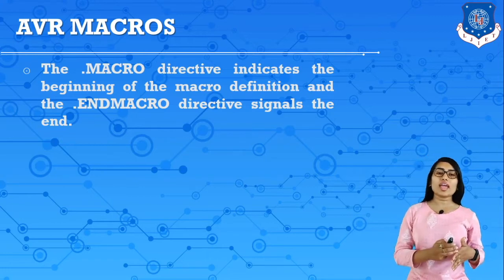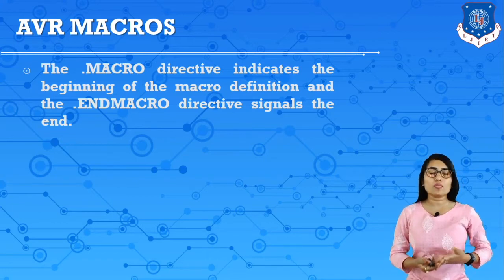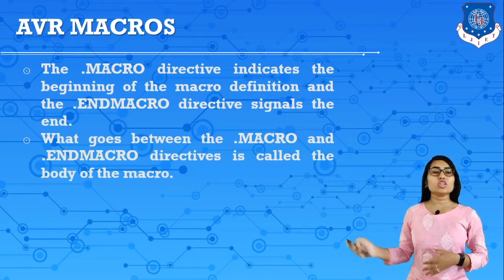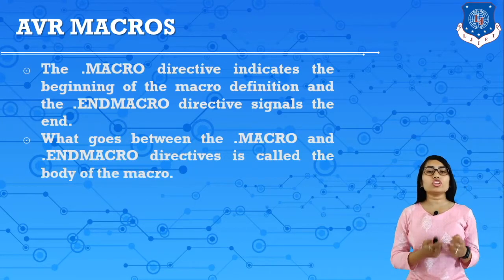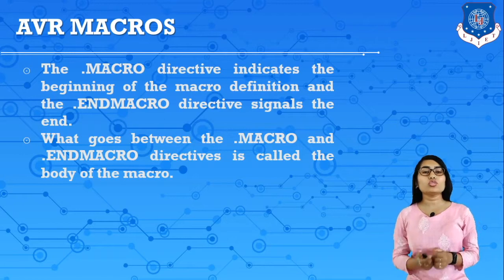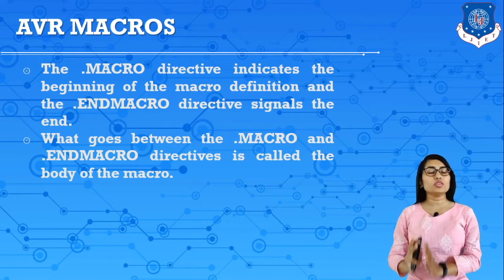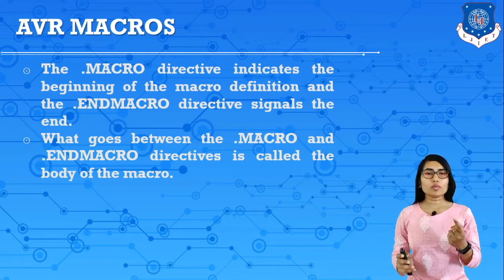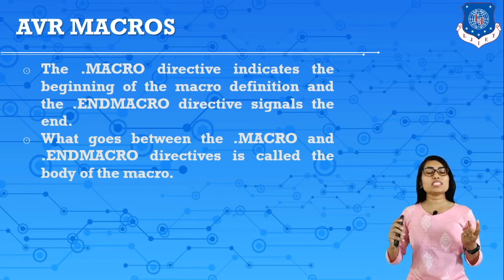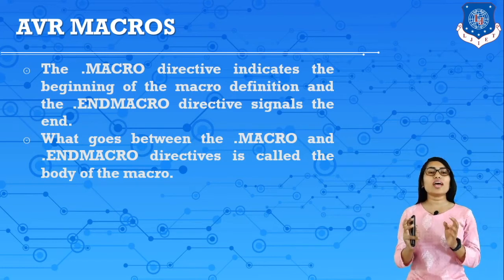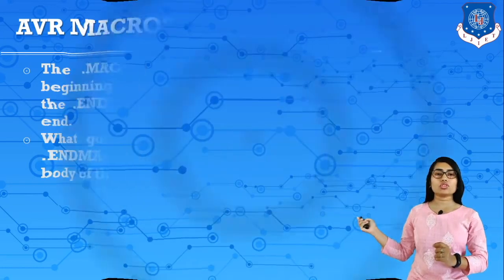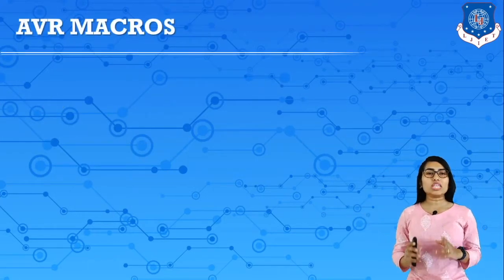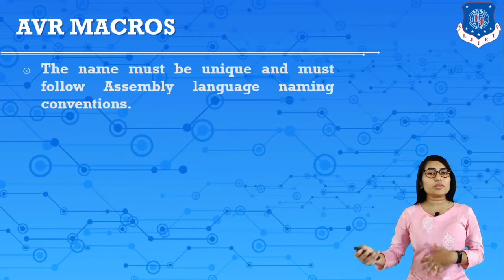What goes between .macro and .endmacro is known as the body of the macro. This body indicates what operations are performed.